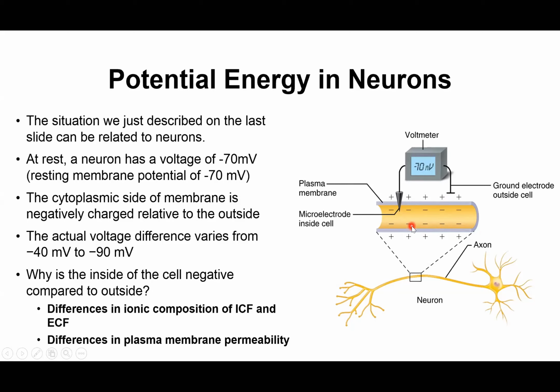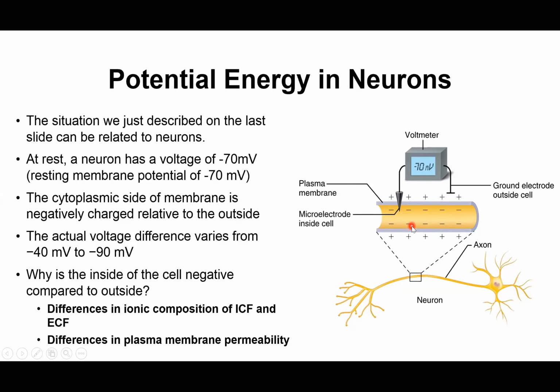We're going to talk about these reasons, including the differences in concentrations of ions in the intracellular fluid and extracellular fluid, and also that this negative membrane potential is due to the difference in plasma membrane permeability. All right, so we're really going to focus on this over the next couple of slides.